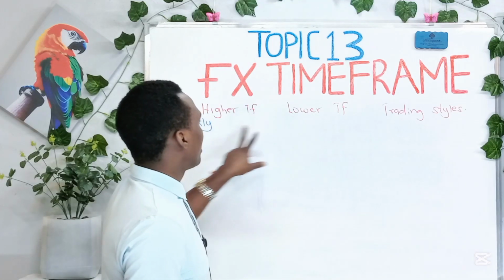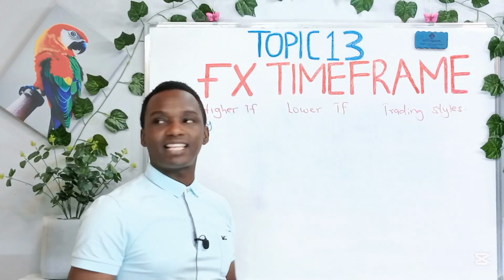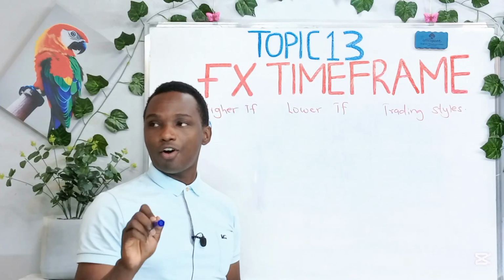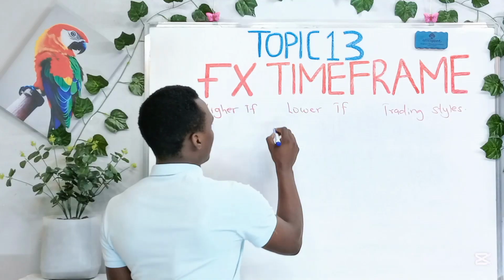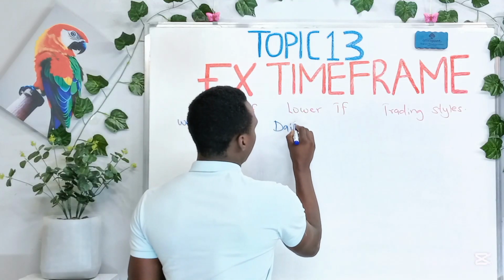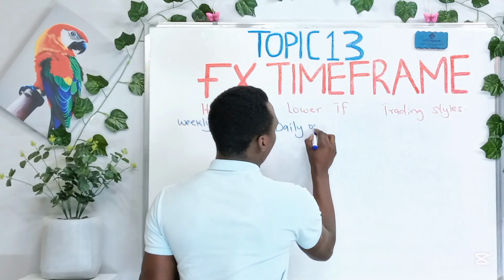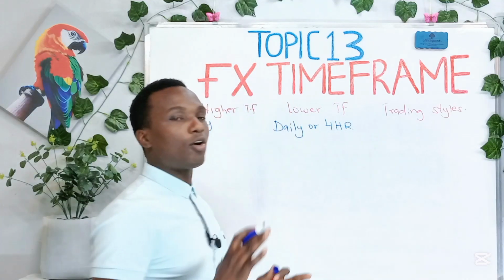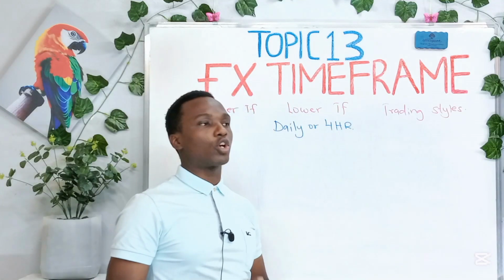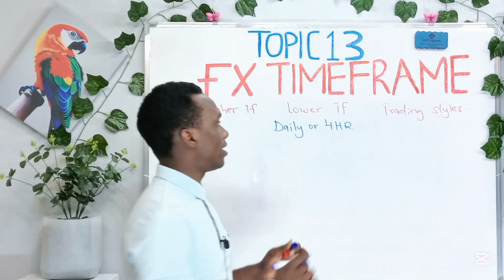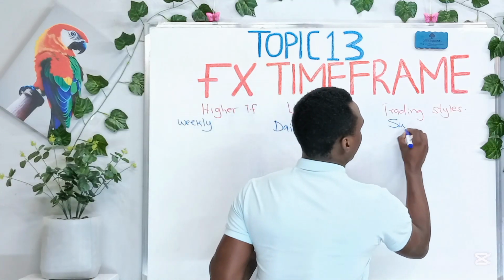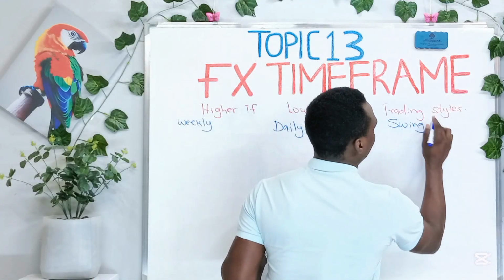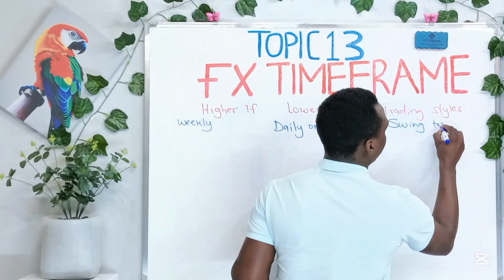Their lower time frame is either the daily or the 4-hour time frame. This type of trader is what we call a swing trader. This type of trading is called swing trading.